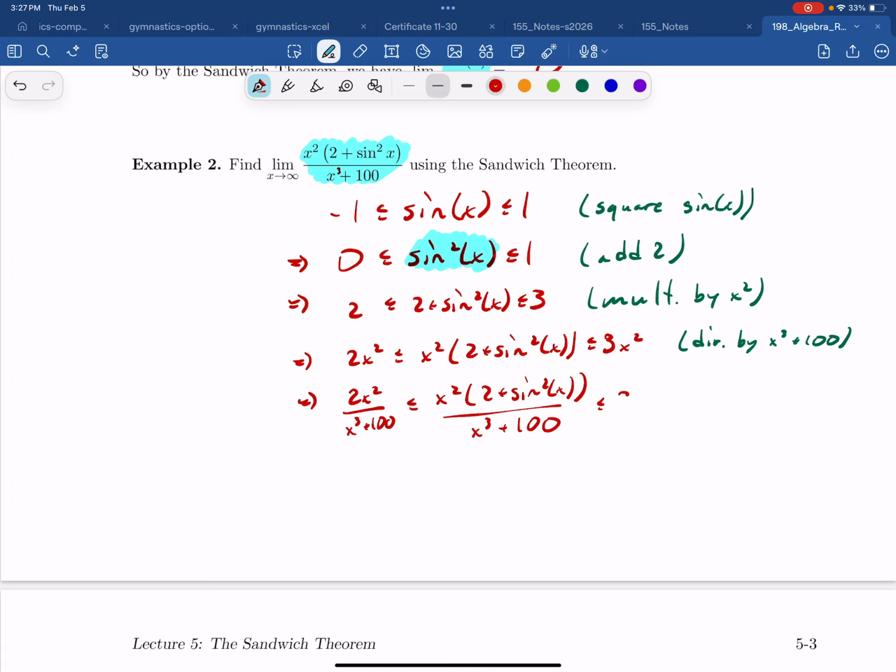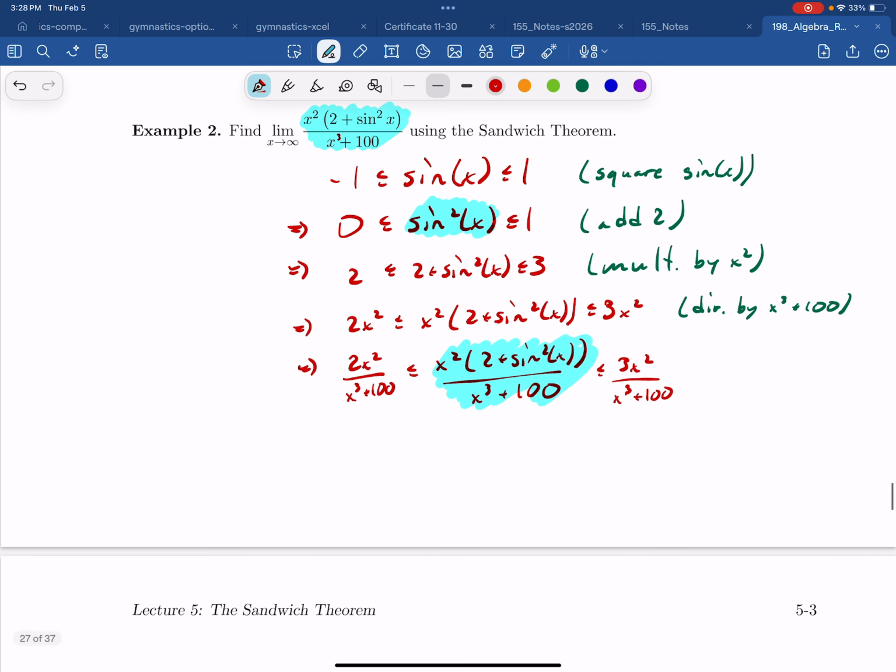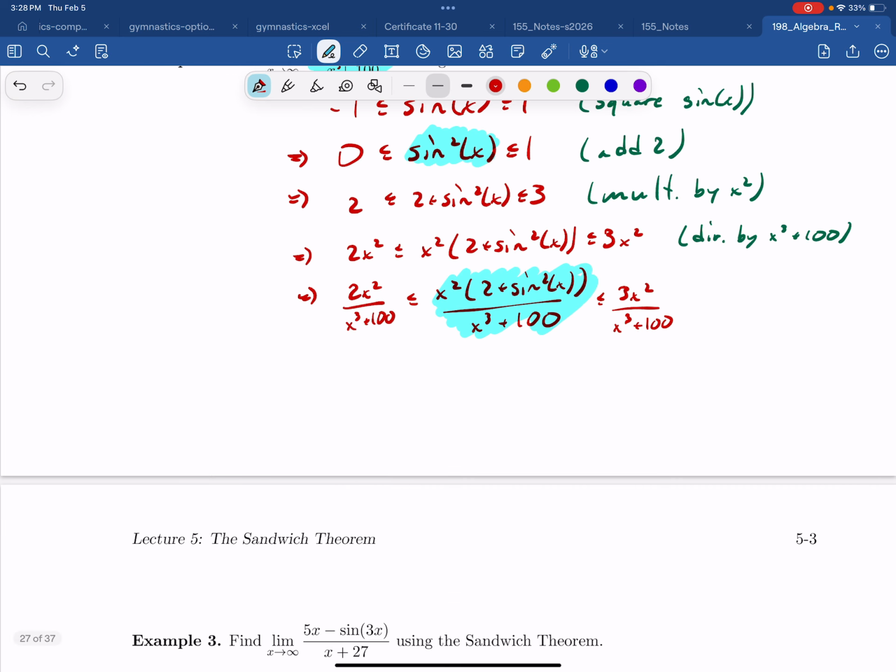And then this is less than or equal to 3x squared all over x cubed plus 100. And now we have what we wanted. We have our upper and lower bounds, and all we need to do is ensure that they have the same limits as each other.